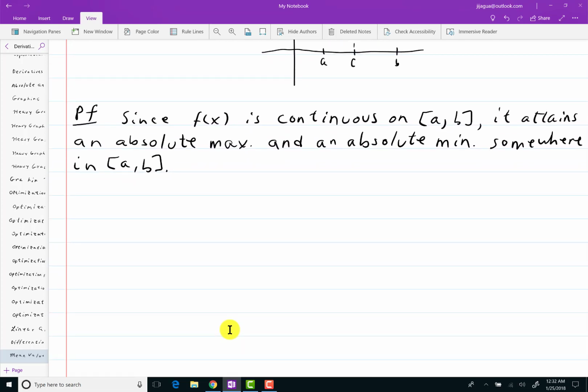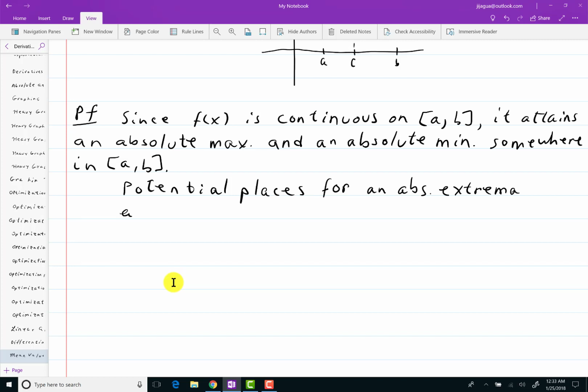The possibilities are going to be endpoints or points in between. So potential places for an absolute extrema are at endpoints and critical numbers.